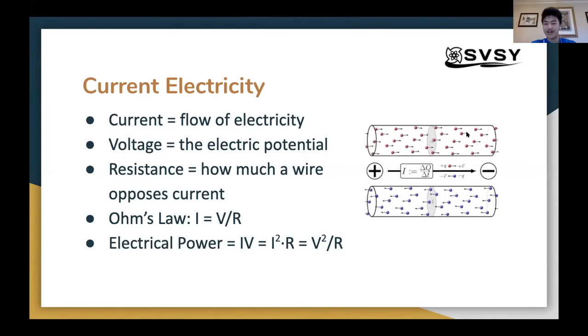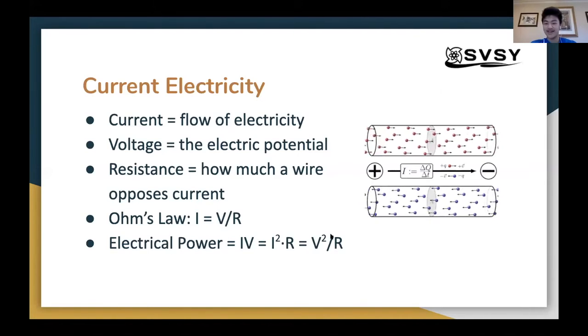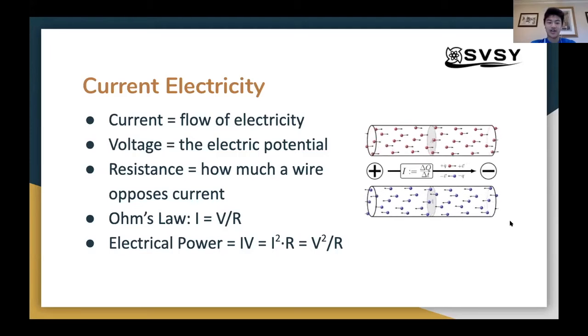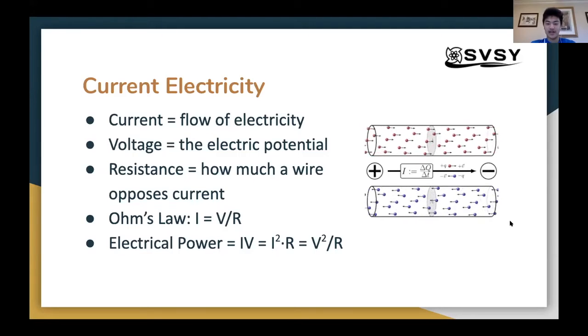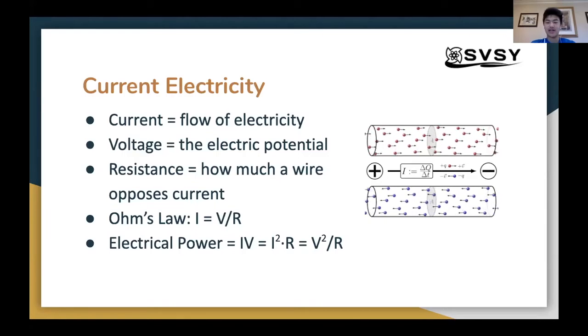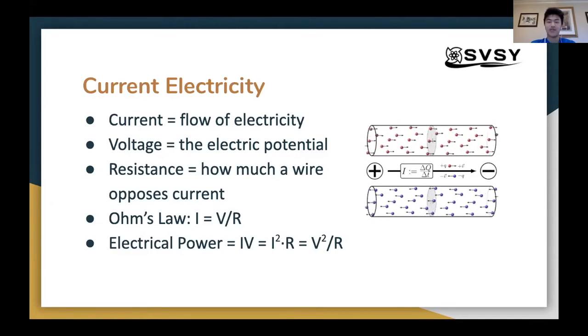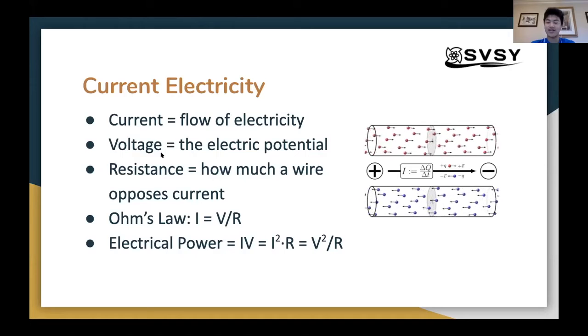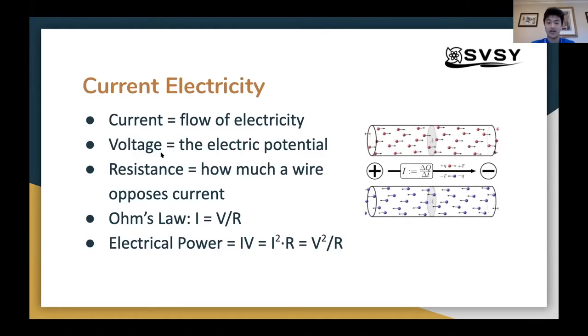So here I have this animated picture over here. Current is just the amount of flow of electricity in a circuit. It's how much electricity can pass through the circuit per some amount of time. And then there's voltage, which is known as the electric potential.